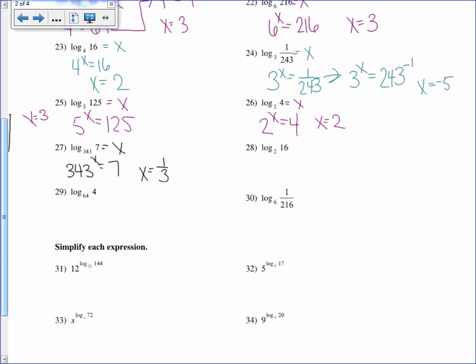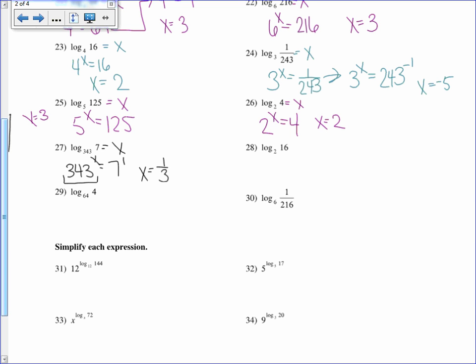Okay, so in this case, what you want to try and do is, 7 can't change, right? 7 is a prime. We can't rewrite it as something. We can't express it as a power to a power. 7 is just 7. But we can write it as 7 to the first. So you need to mess around in your calculator and figure out how to write 343 as 7 to a power.